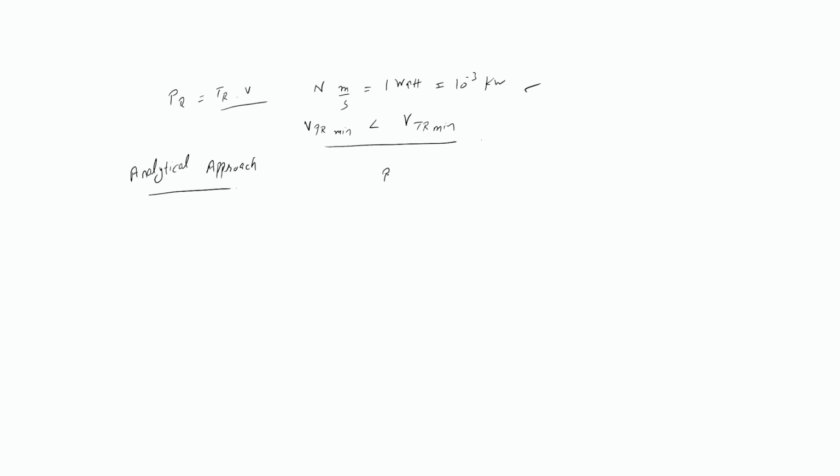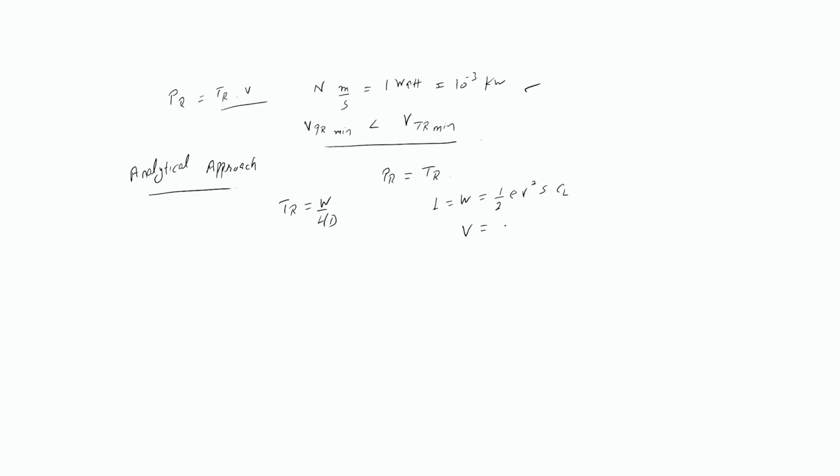Power required, we know, is thrust required into velocity, and for level unaccelerated flight thrust required equals W by L by D. Okay, and lift equals weight equals half rho V square S CL.